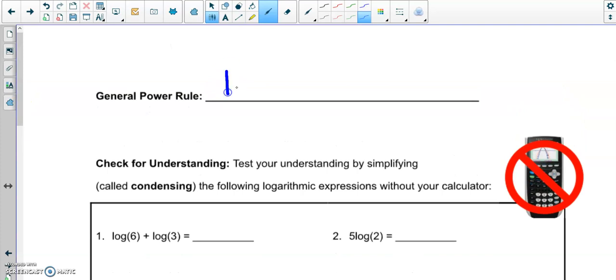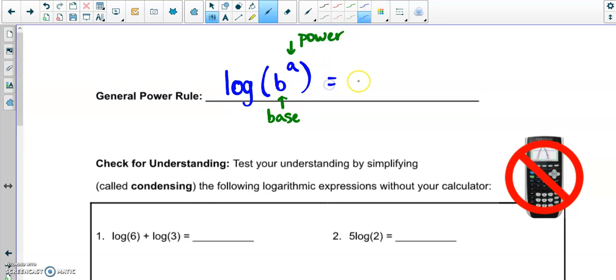If you have a log and you can write the number as something to some power, so this is the base of your logarithm, and this is the power, then you can rewrite that as the power times the log of whatever you had in parentheses.